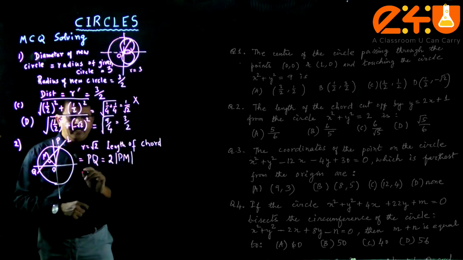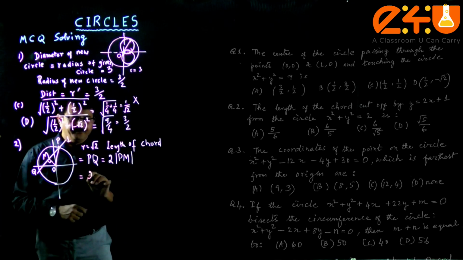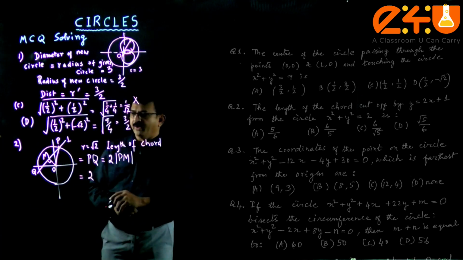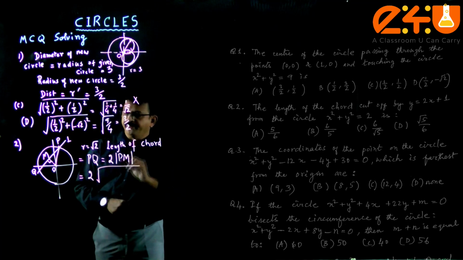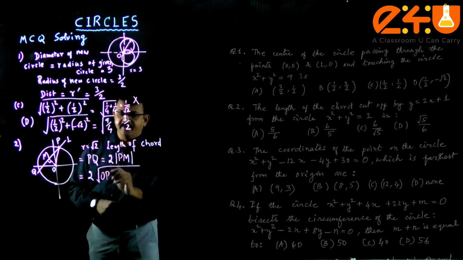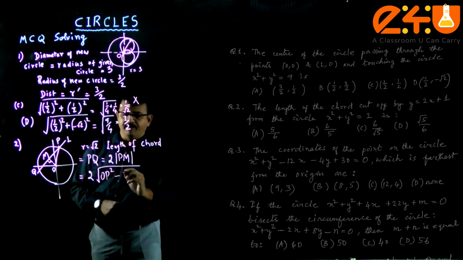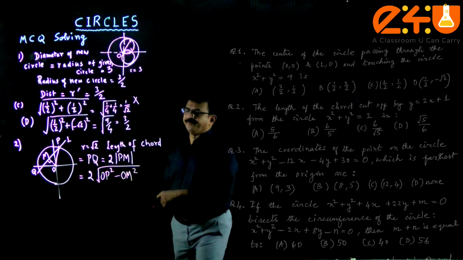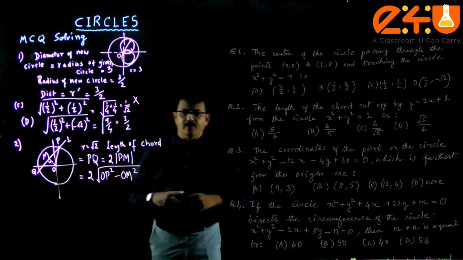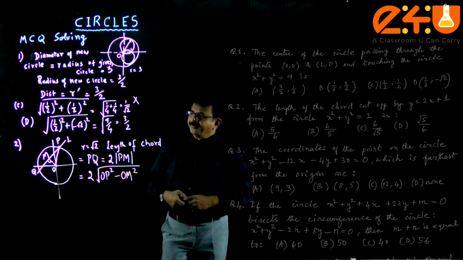And let us use the Pythagoras theorem to find what PM is. So it is root over OP squared minus OM squared. I hope every student is able to understand this.